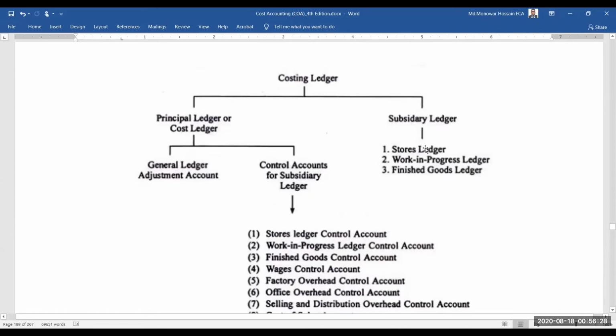Here we see the costing ledger: the principal ledger or cost ledger, and the subsidiary ledgers such as the store ledger, work in progress ledger, and finished goods ledger.